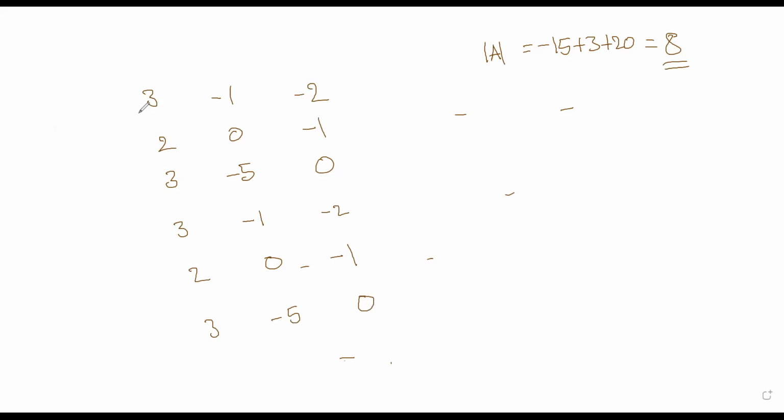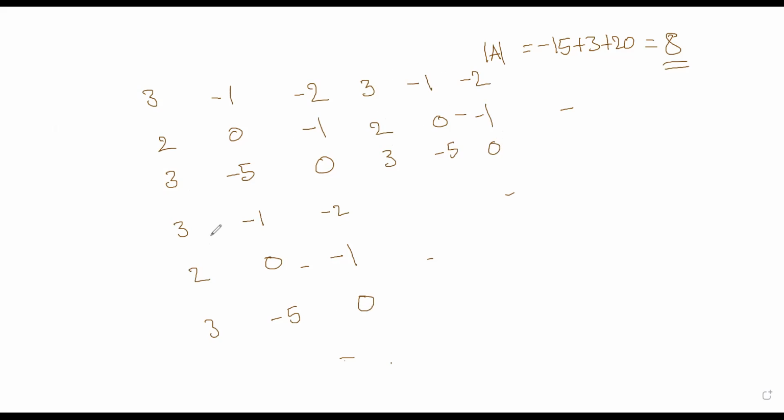You make the same copy on the side: 3 minus 1 minus 2, 2 0 minus 1, 3 minus 5 0.